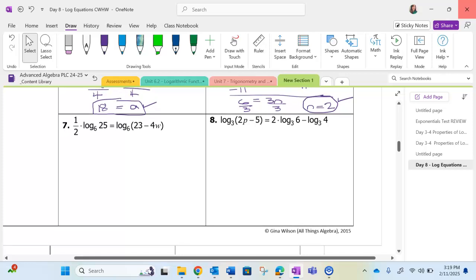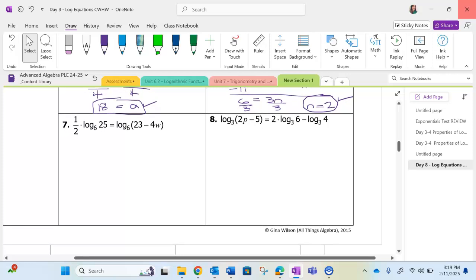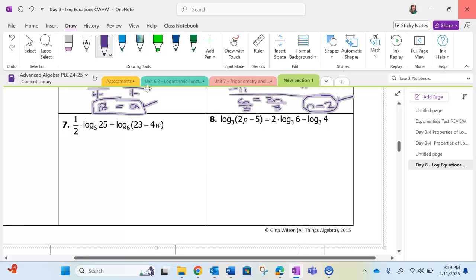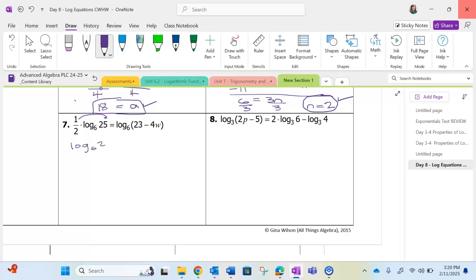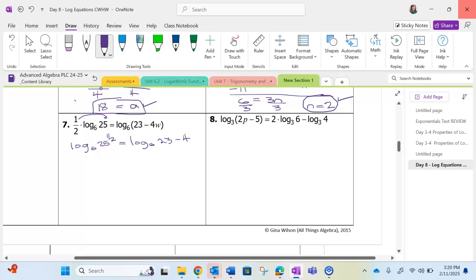All right, let's try 7 and 8. All right, so if we look at this, we have a 1/2 in the front. That means it has to become the exponent, nothing on this side. So now I have log base 6 of 25 to the 1/2 power equals log base 6 of 23 minus 4w.